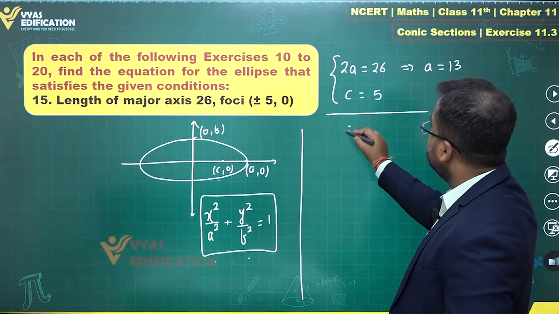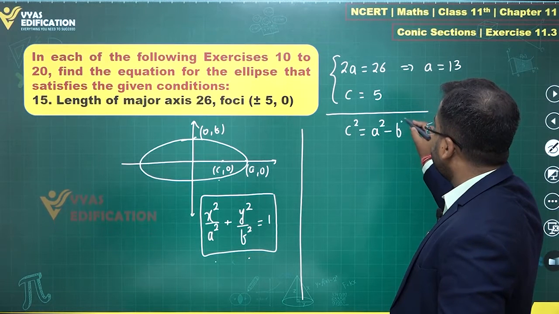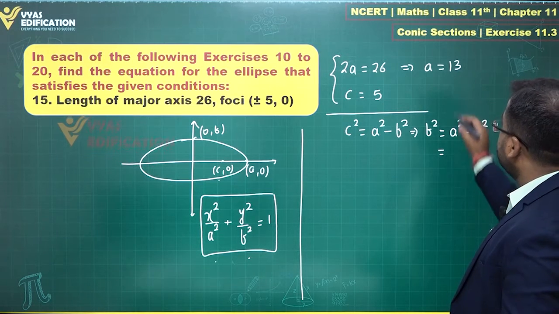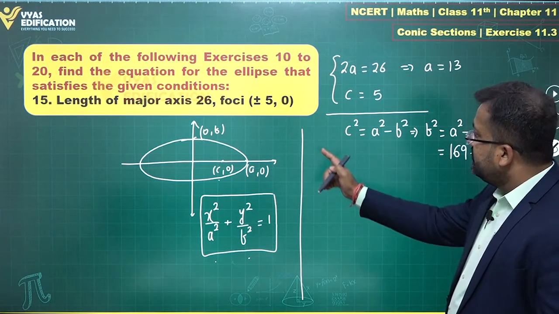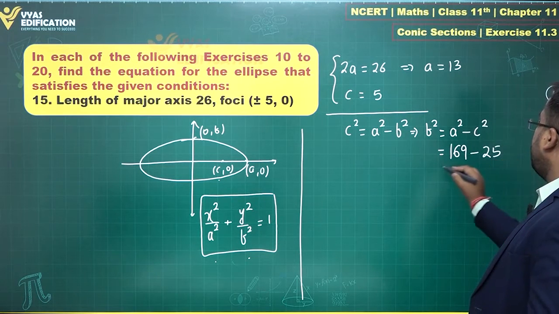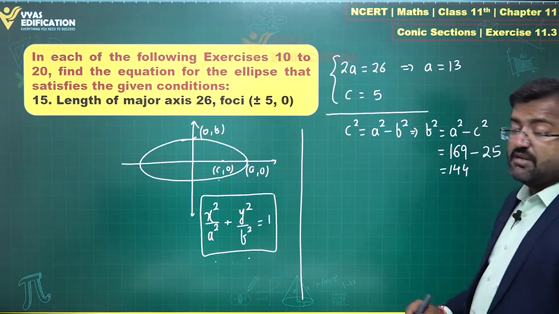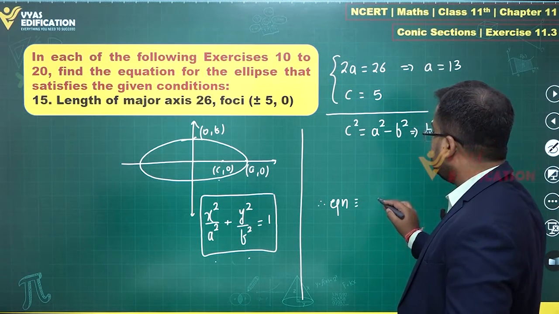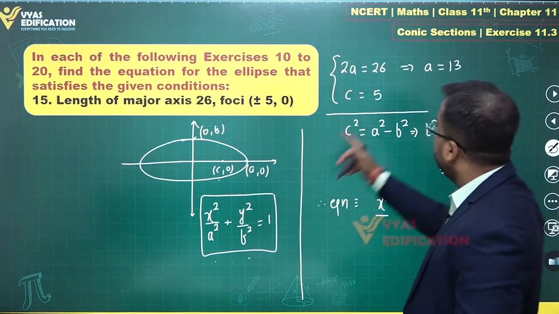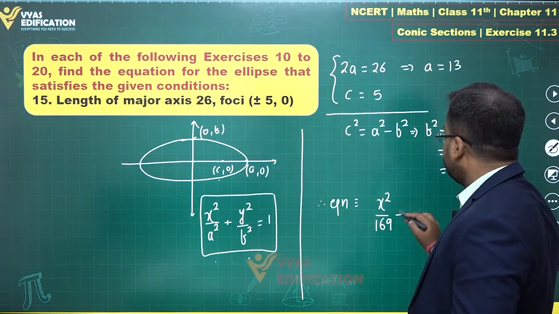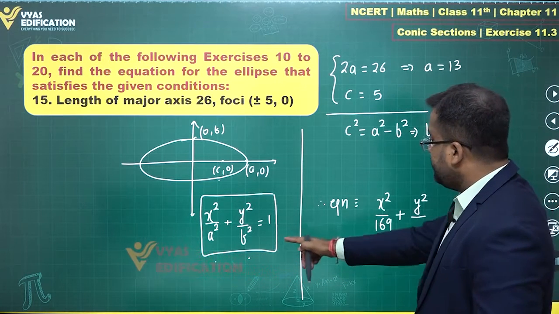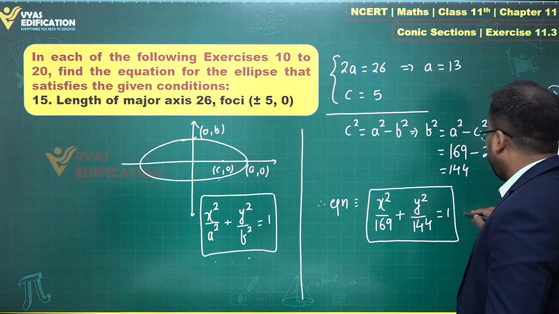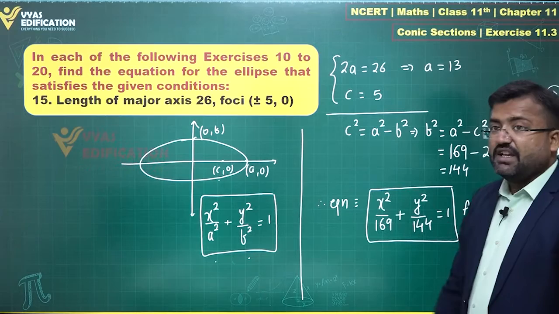Since c square is equal to a square minus b square, b square is equal to a square minus c square, which is 169 minus 25, equal to 144. Therefore, required equation will be x square upon a square, which is 169, plus y square upon b square, which is 144, equals 1. This is the required equation of the ellipse in this question.